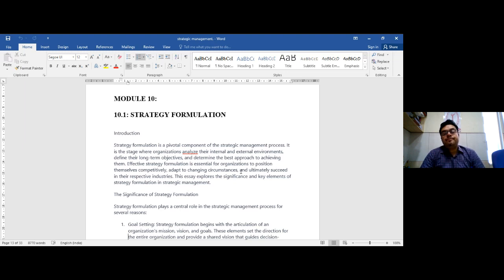We explore the significance and key elements of strategy formulation in terms of strategic management.